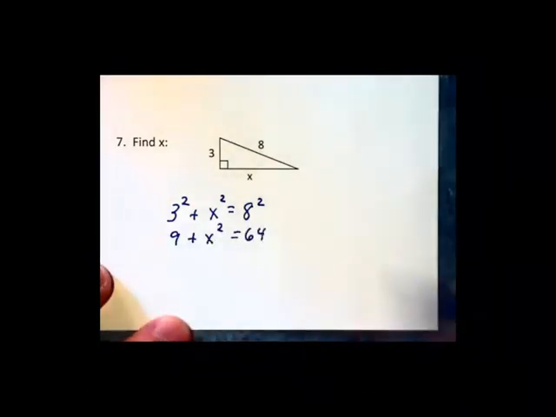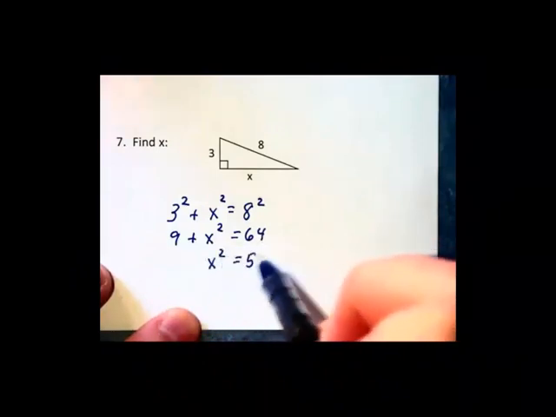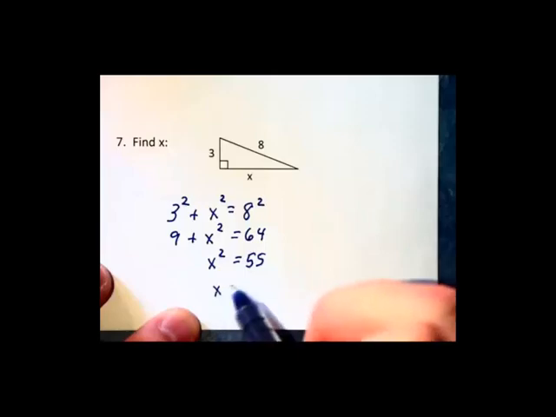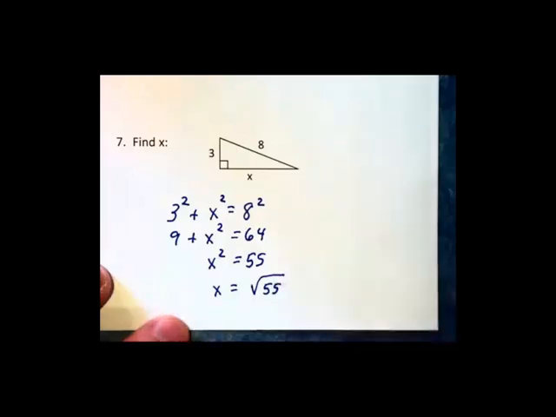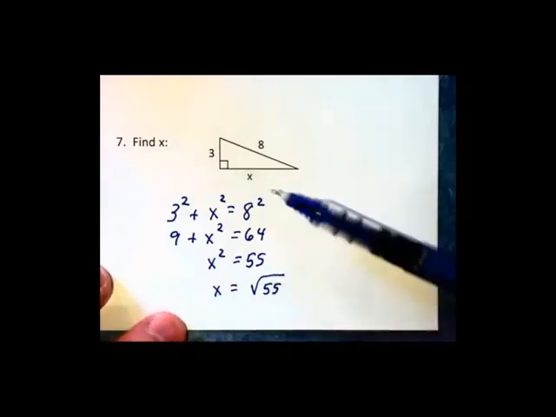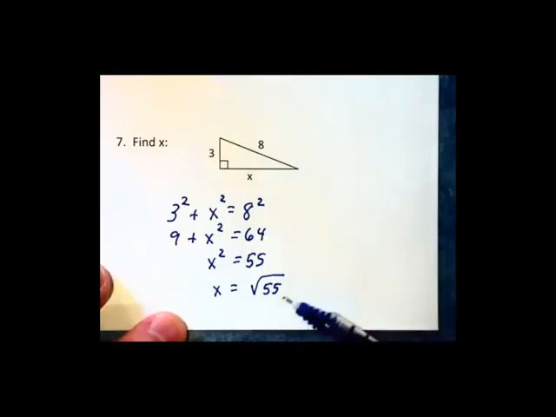When we subtract 9 on both sides, we get 55. And then x, when we square root both sides, is going to be root 55. Technically plus or minus when we're solving this equation, but because we're dealing with the side of a triangle, which must be positive, we're just going to leave this as positive root 55.